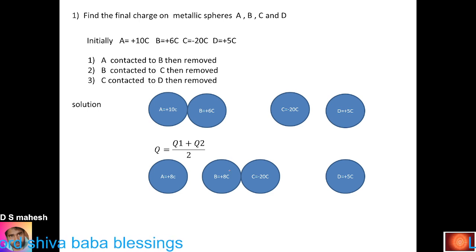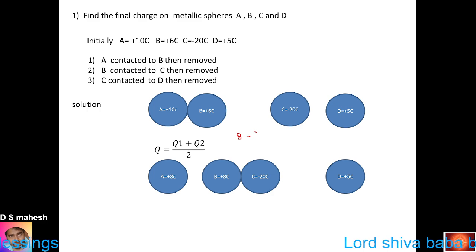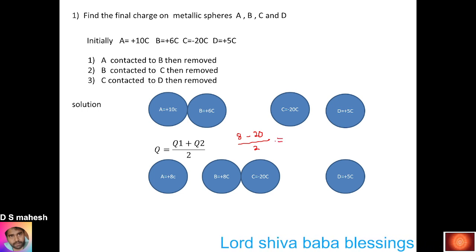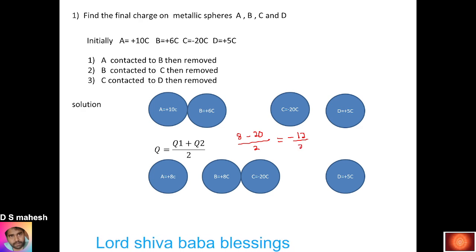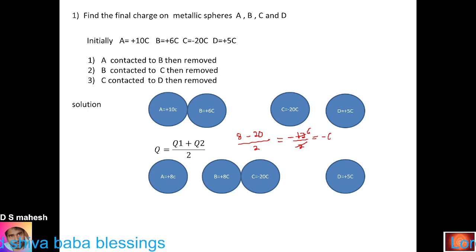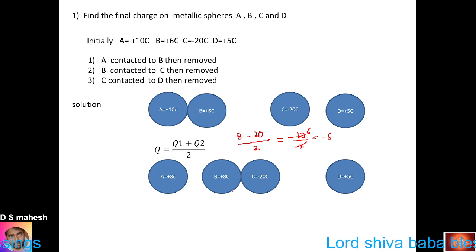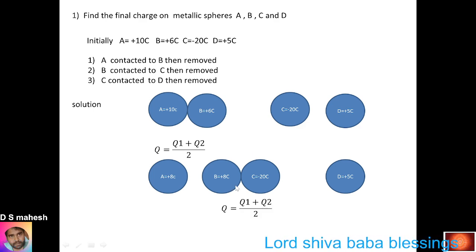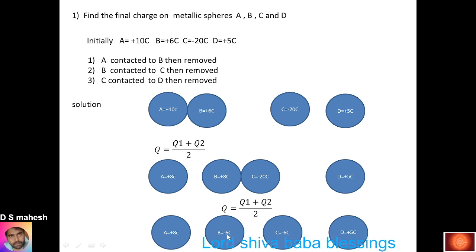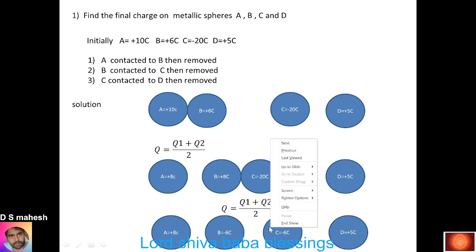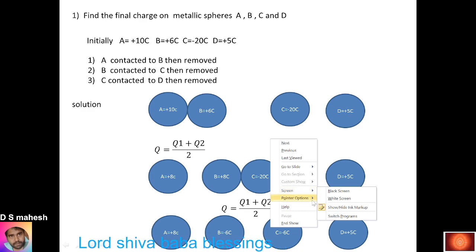The final charge on B and C would be (8 minus 20) divided by 2, that is minus 12 divided by 2, which is minus 6. So B and C will each have minus 6 coulombs of charge. Look over here, it has minus 6 coulombs of charge.